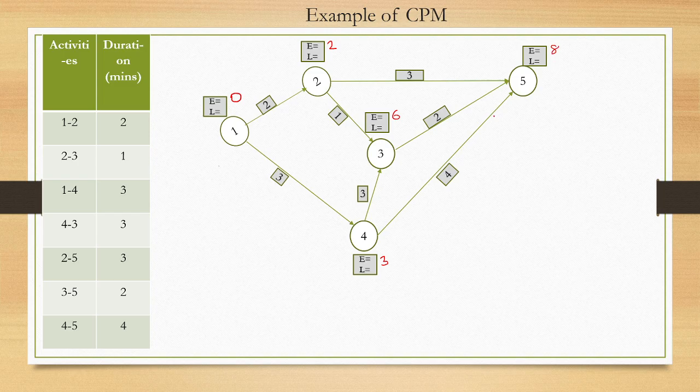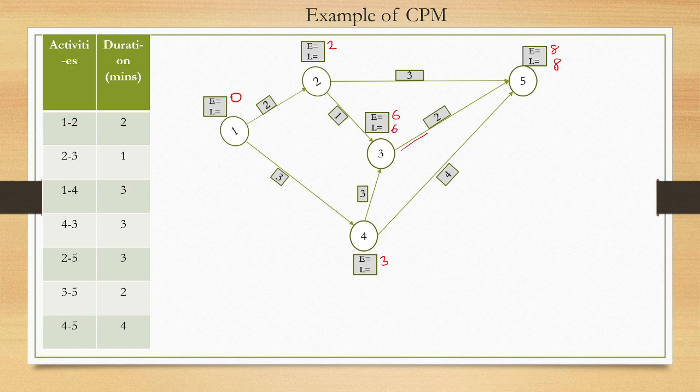Now if you need to find out what is the critical path, then we have to fill the L term. So L is 8 here. Now 8 minus 4 is 4, but this is a bursting event here, so we cannot fill it now. For this one, 8 minus 2 is 6.